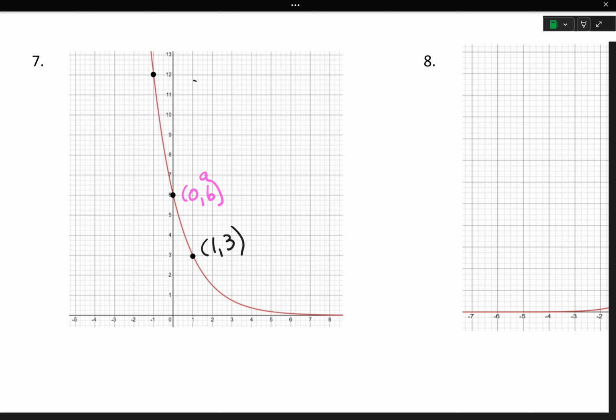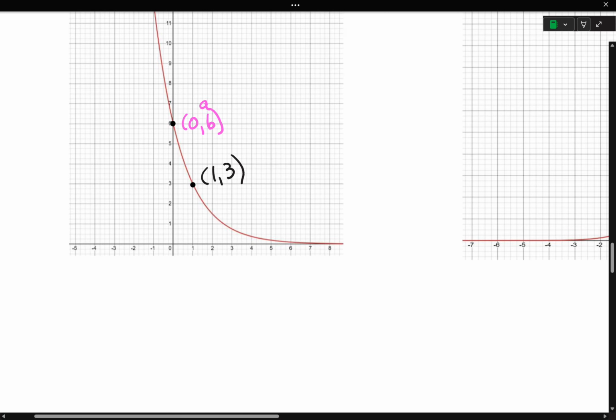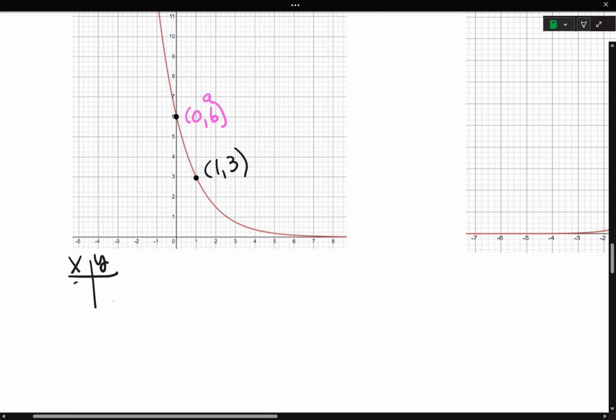Now, before I find b, what I like to do is I set up a little table to make sure I divide in order. So here's my xy table. I'm going to put my x's in order. I have a 0 and a 1. So I want my x to be getting larger. So then this is 6 and that's 3. y1, y2. And the purpose of these tables is to make sure we divide y2 divided by y1.